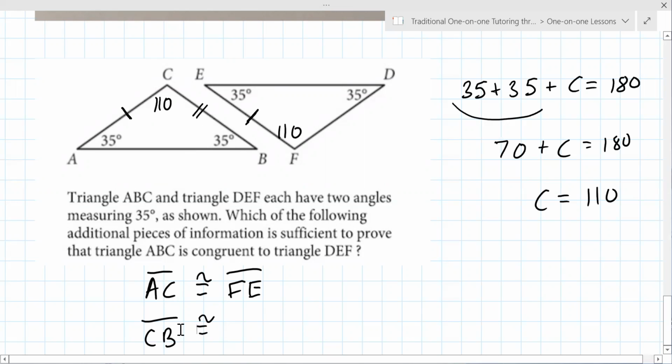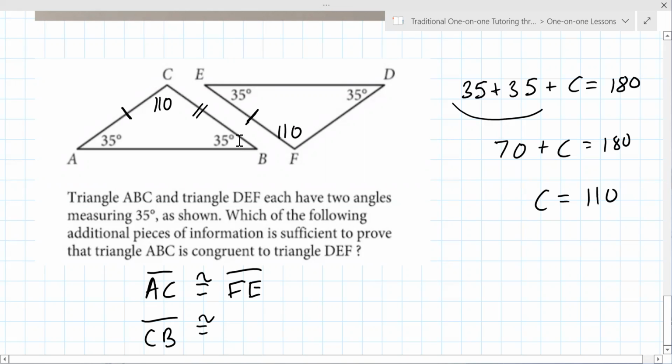CB is congruent to ED. Nope. ED is along the bottom with the 35s.